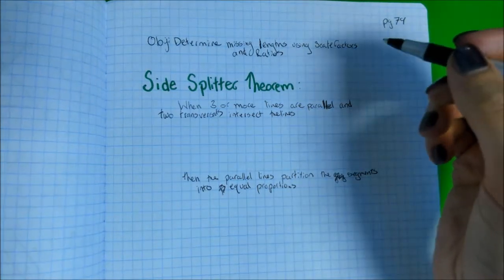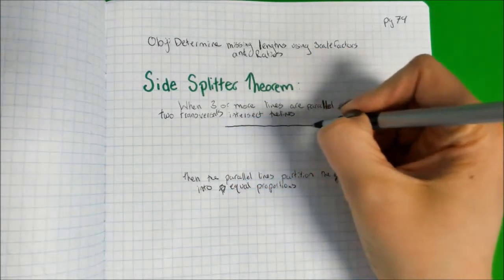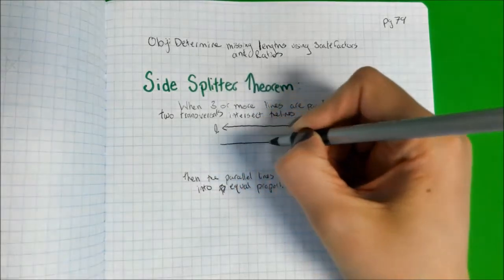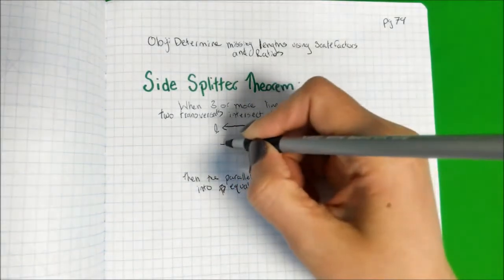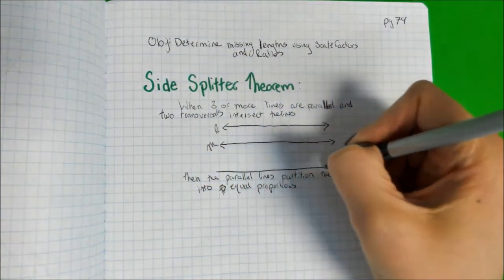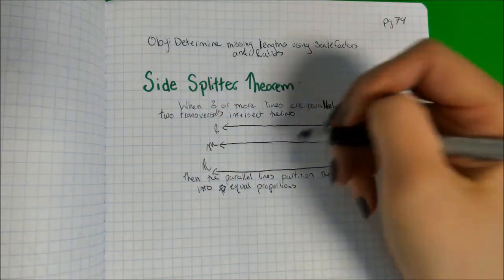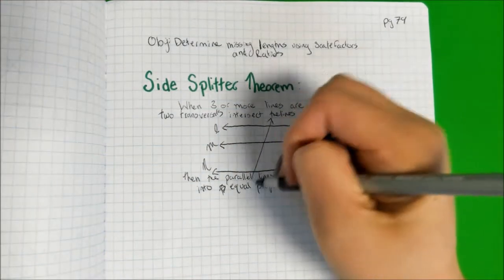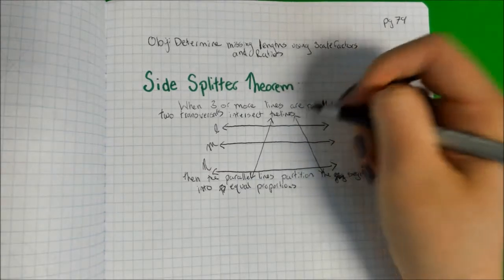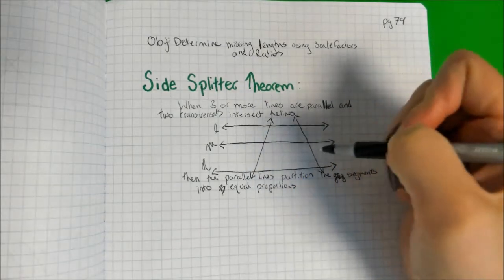So what this means is if I have three parallel lines, parallel L, parallel M, and parallel N, okay, and two transversals, these two segments are going to be in the same proportion as these two segments.